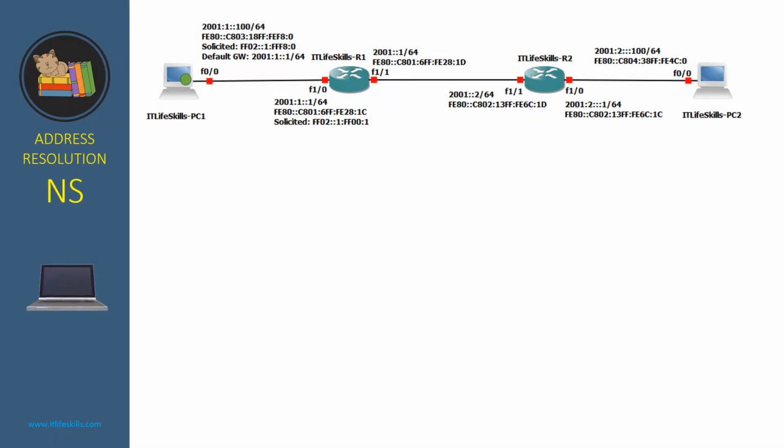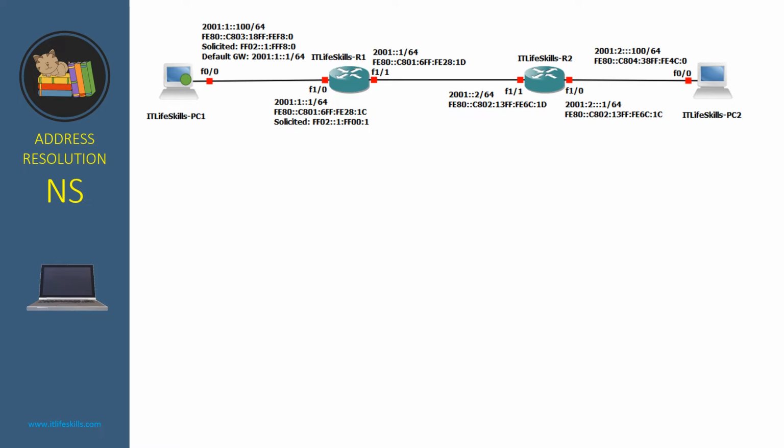Let's find out how address resolution works in IPv6 by analyzing the process when PC1 forwards an IPv6 packet to IT Life Skills Router 1. To send the packet, PC1 must encapsulate the packet into an Ethernet frame that has the destination MAC address, which is the MAC address of the interface F0/1.